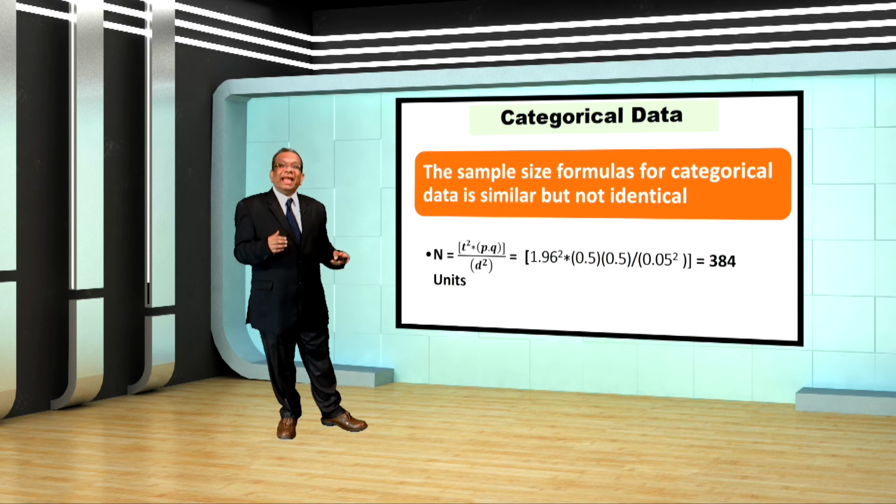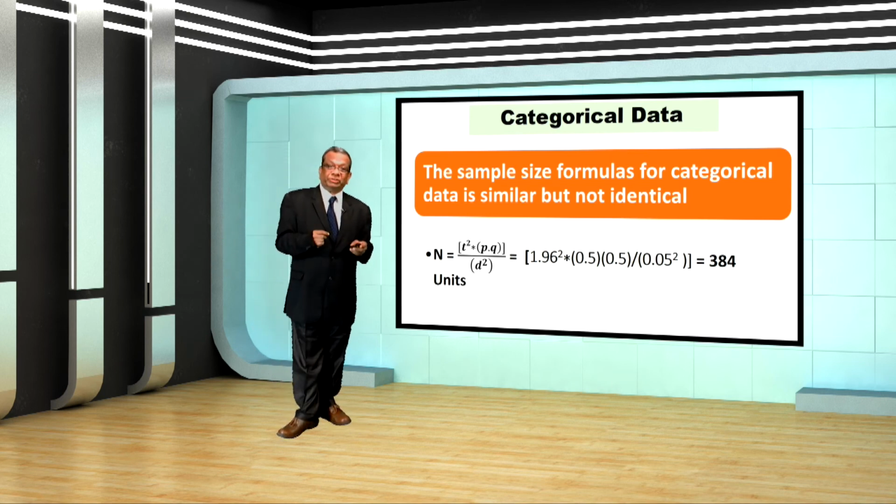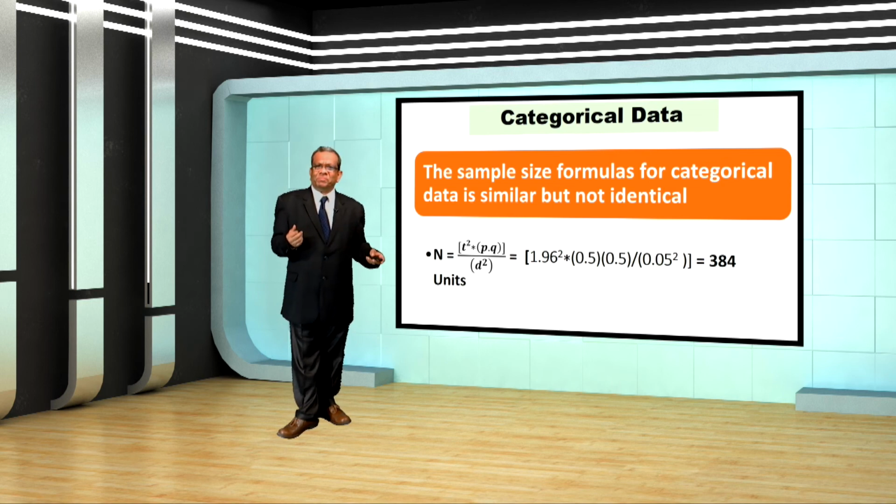Now, p is the proportion, for example, the number of men and women, approximately 0.5. Even if you do not know the proportions of the people, you can assume 0.5 because 0.5 multiplied by 0.5 will give you the highest value, 0.25.